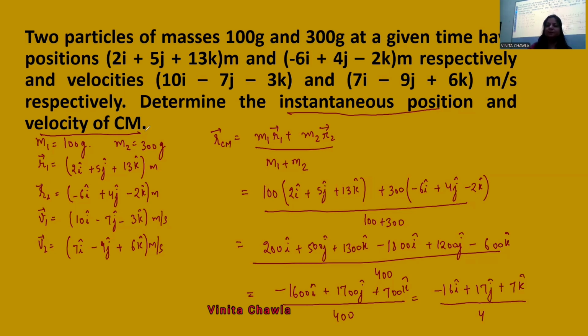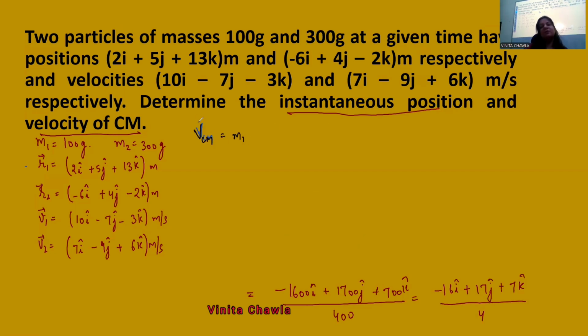अब VCM निकालो. VCM is M1 V1 vector plus M2 V2 vector divided by M1 plus M2, right?